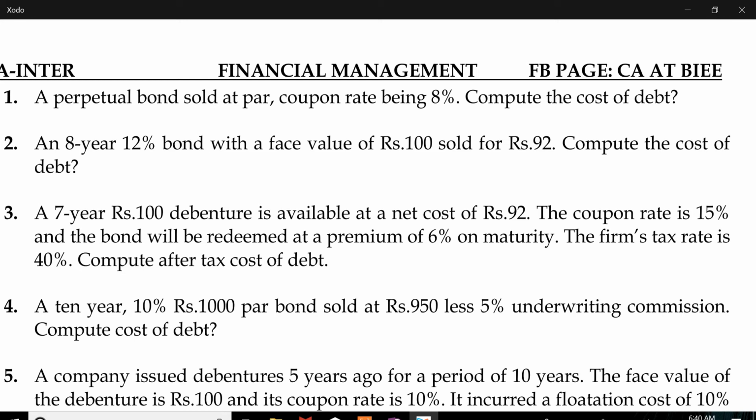Next point, average other cost equals redemption value minus net proceeds, by balance life.